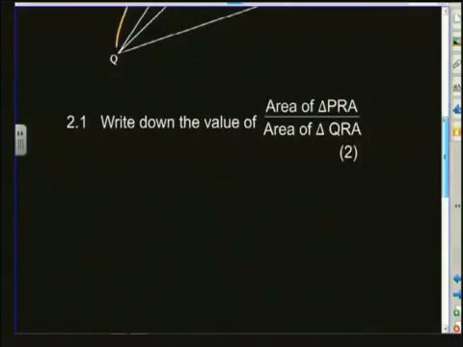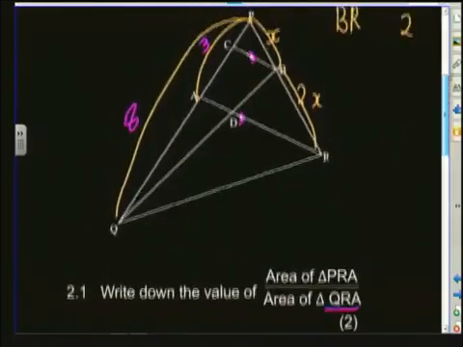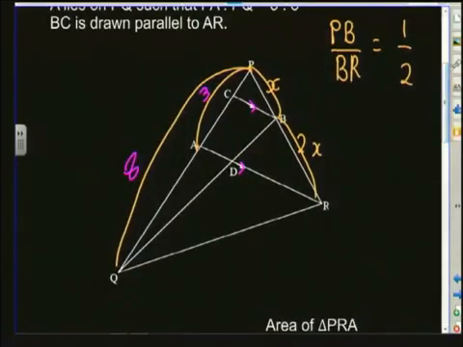So the first question for 2 marks, write down the value of the area of triangle PRA over the area of triangle QRA. So we're looking at PRA, that area of that triangle, over the area of triangle QRA.